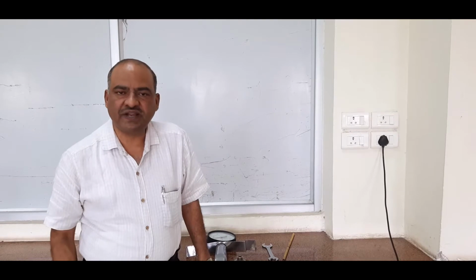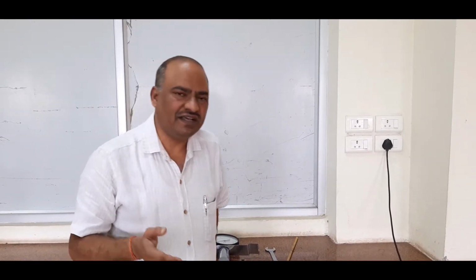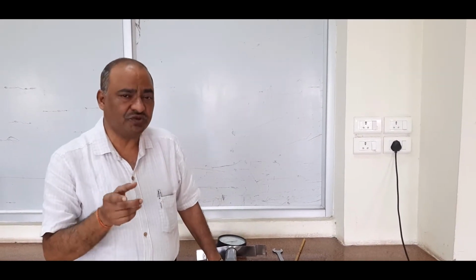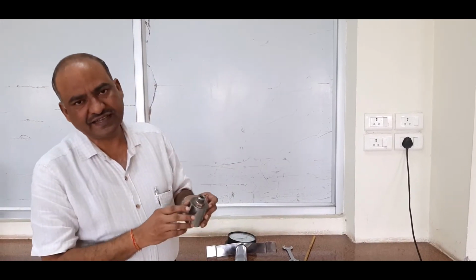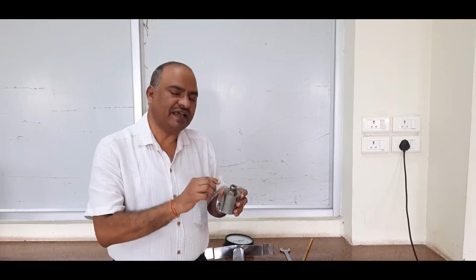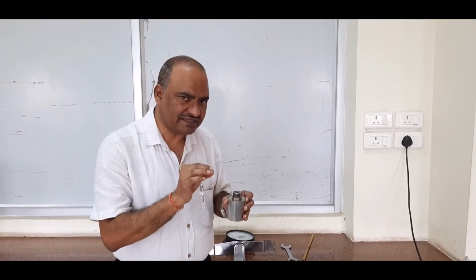First I will explain how to perform the experiment. Then I will explain the operating procedure in detail. Then I will show the experiment. This is the sample chamber. First, fill the sample in this chamber up to the top, and there is a condition that the sample should be pre-chilled.